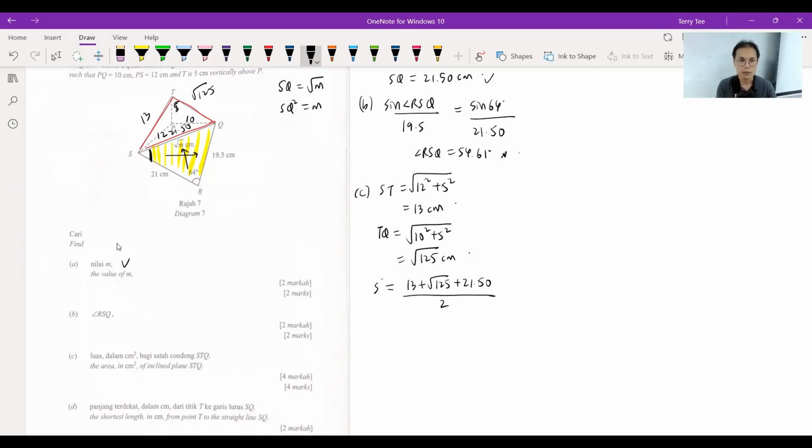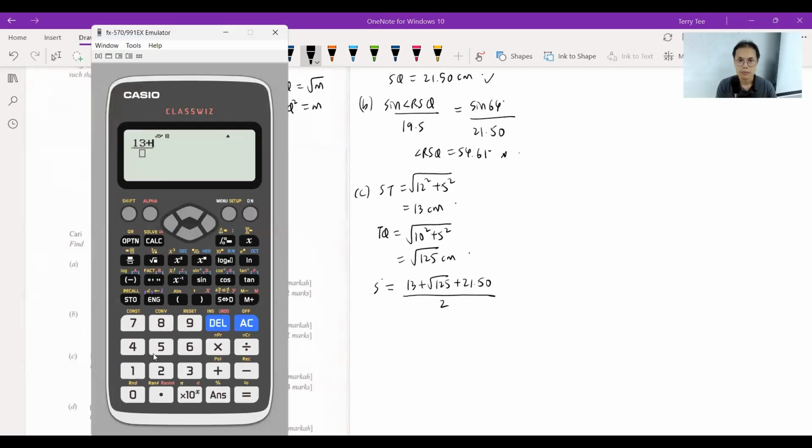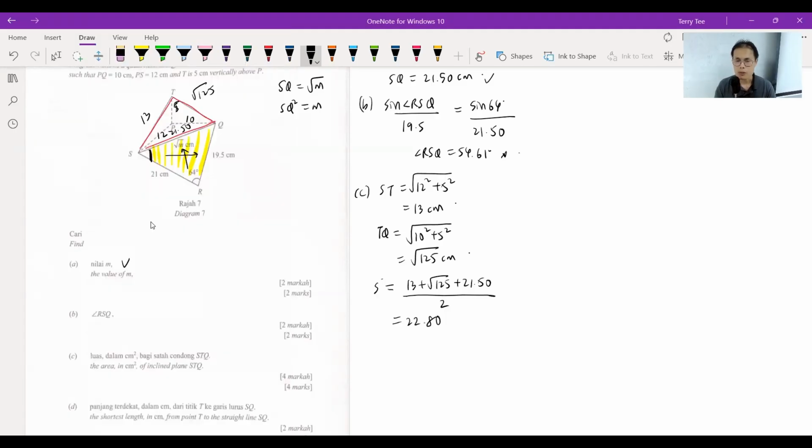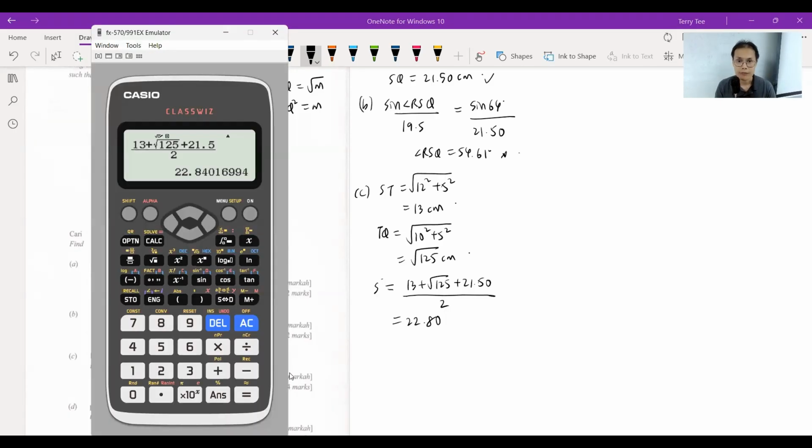Let's use a calculator. My answer is 22.84, right? Since this is four significant figures, I'll write 4 as well. If this were 1 or 3, then I'd write one more.